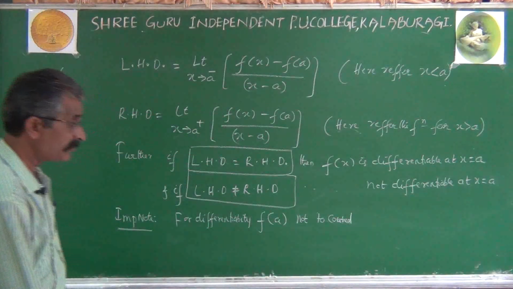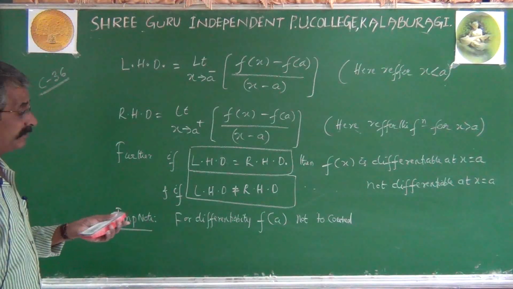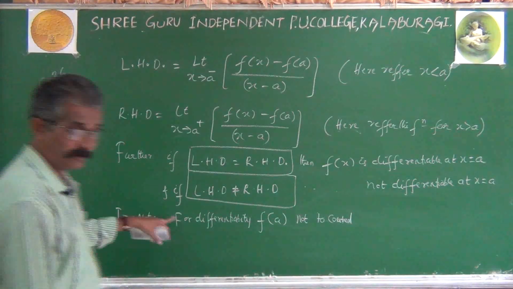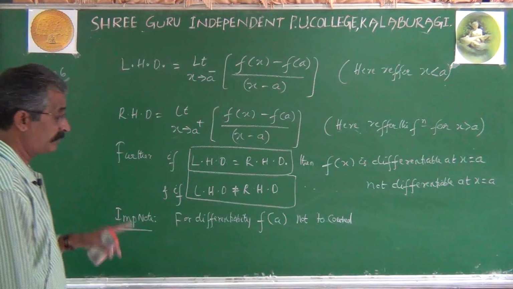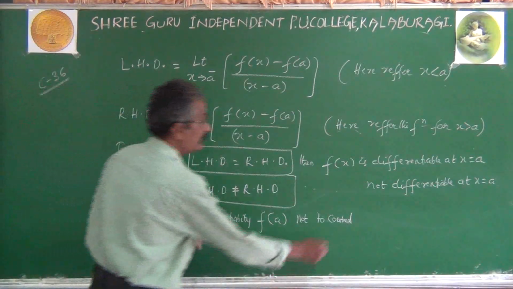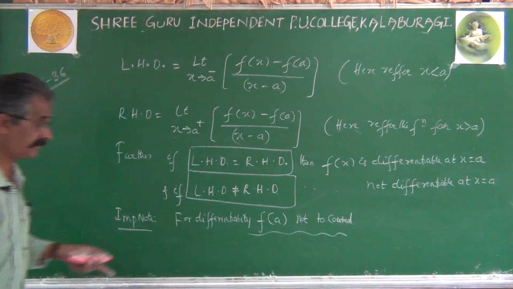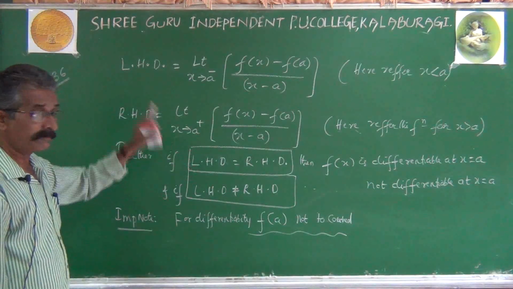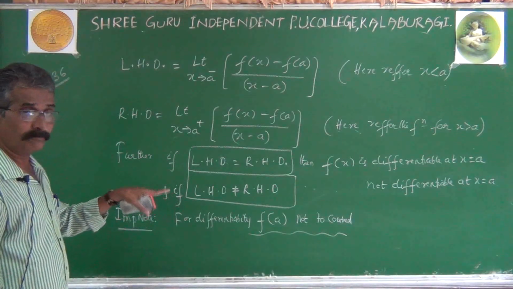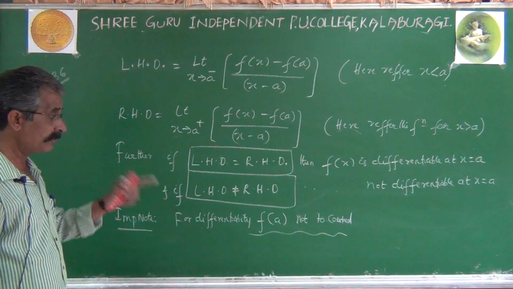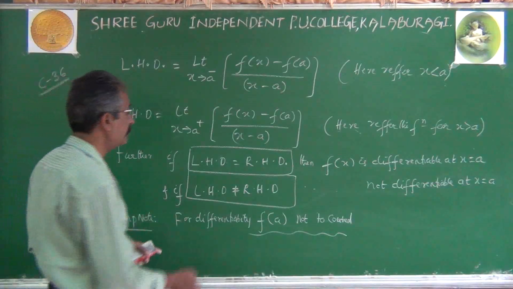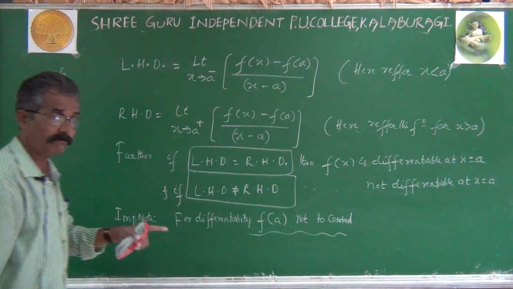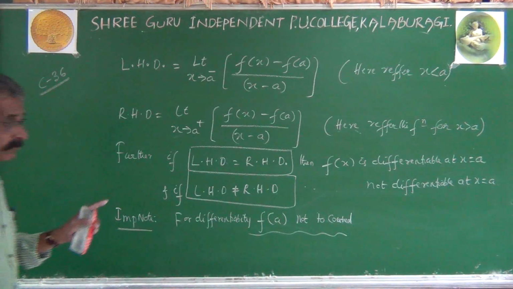Not to be counted means not taken into account seriously. It may or may not be equal, but it is counted in case of continuity. So keep in mind, for differentiability, f of a is regardless. However, for continuity, LHL must be equal to RHL, and must be equal to f of a. Whereas for differentiability, LHD must be equal to RHD, may or may not be equal to f of a, that's not at all counted here.